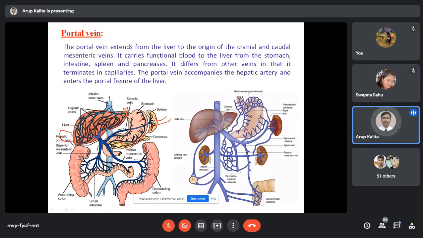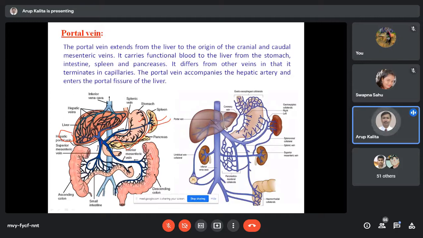And in the liver, it is again capillaries. That means it starts with the capillaries and ends in the capillaries. So the portal vein originates from 4 organs. What are those 4 organs? Stomach, intestine, pancreas, and spleen.